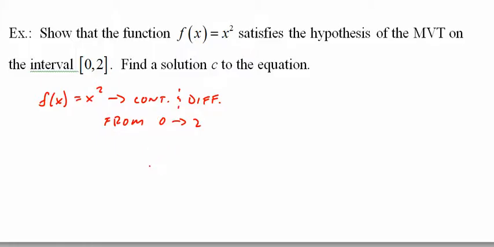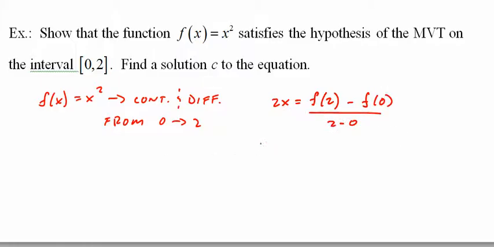So find a solution. The derivative is 2x, and then we're looking at f of 2 minus f of 0 over 2 minus 0.